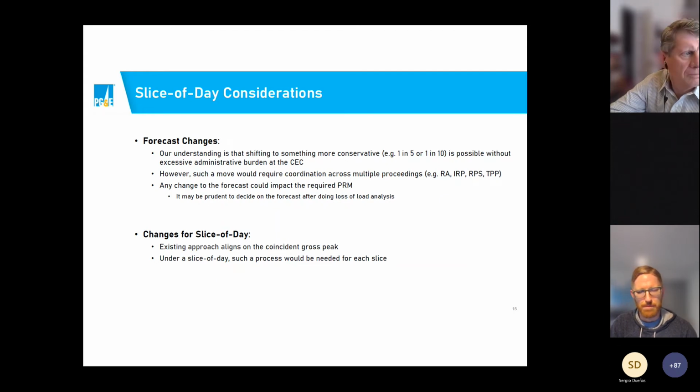PRM doesn't matter as much for non-critical times of the year, but at least in order to meet the 1 in 10, if you want to mathematically meet the 1 in 10 or whatever LOLE standard we pick, it appeared that it was critical to have much higher PRM during non-critical periods than during the critical periods, and that was an interesting observation.